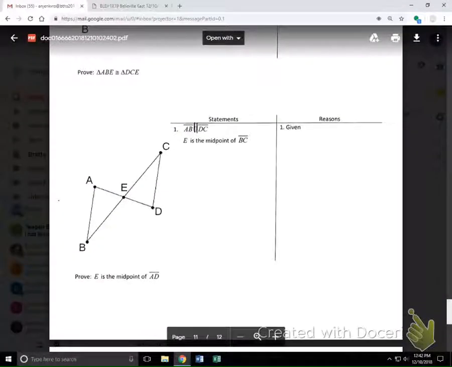So our next one right here, once again, we see that AB is parallel to CD. And we also know that E is the midpoint of BC. So step 2, based on the fact that it's a midpoint, we know that BE is congruent to EC. And we know this is because of the definition of a midpoint.